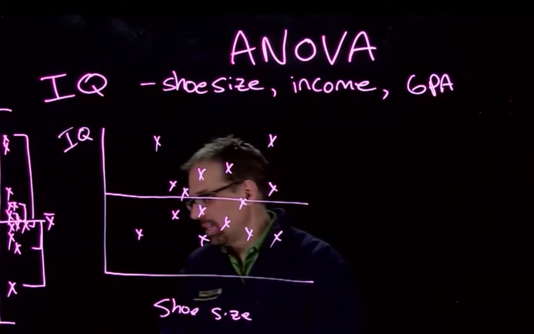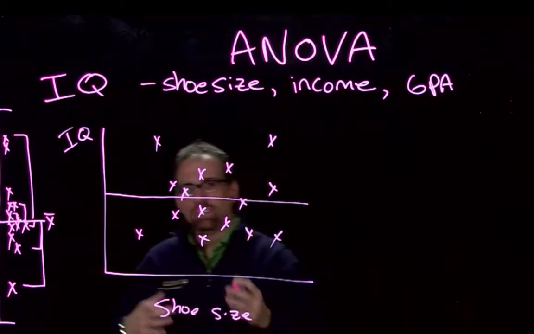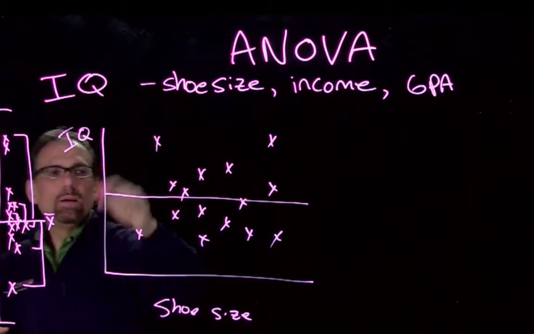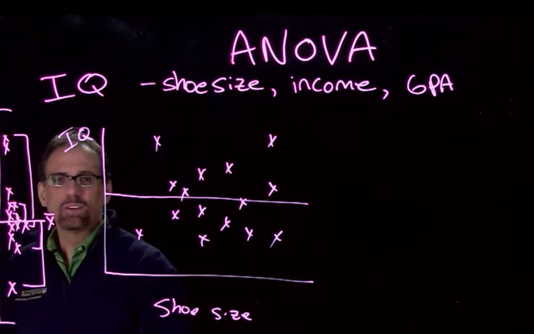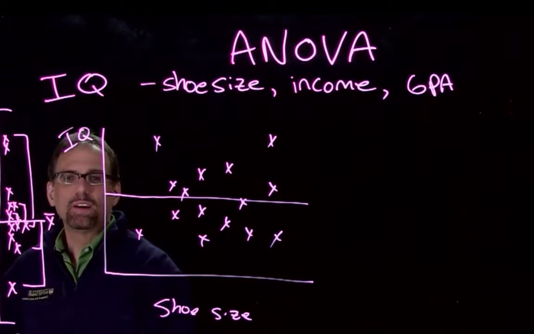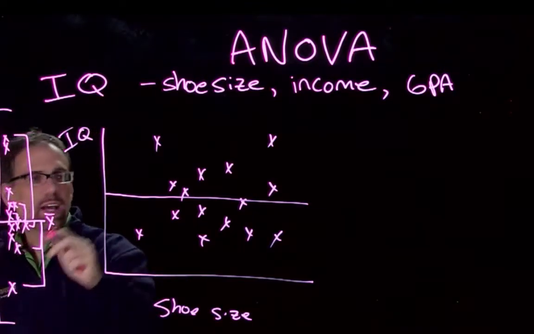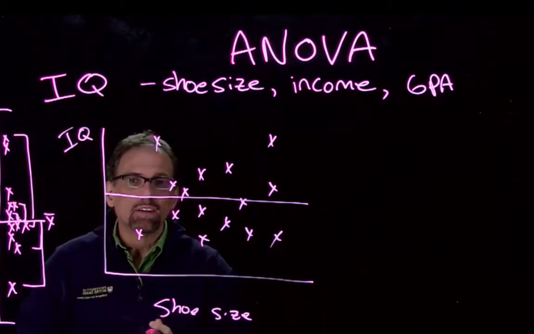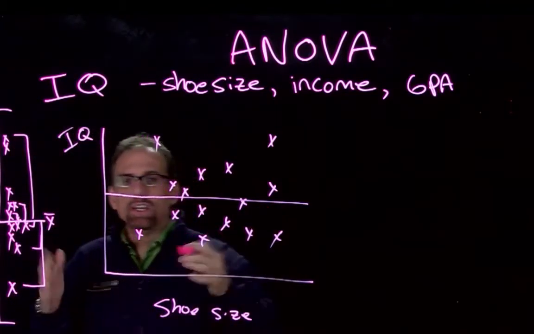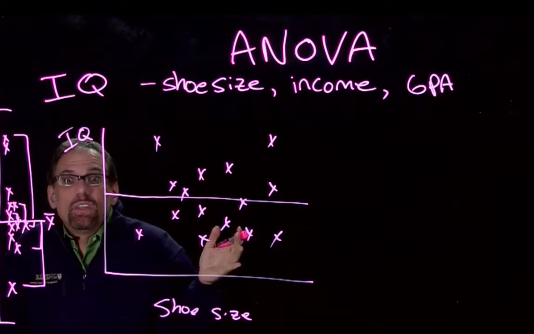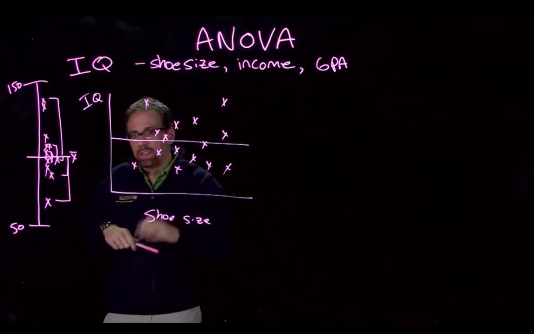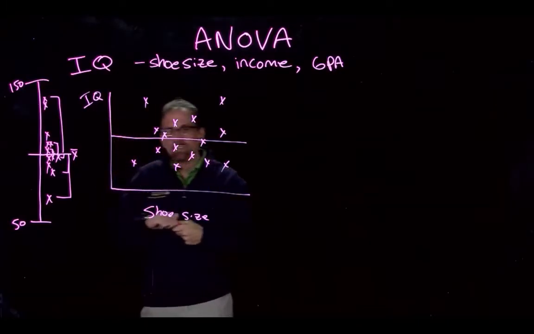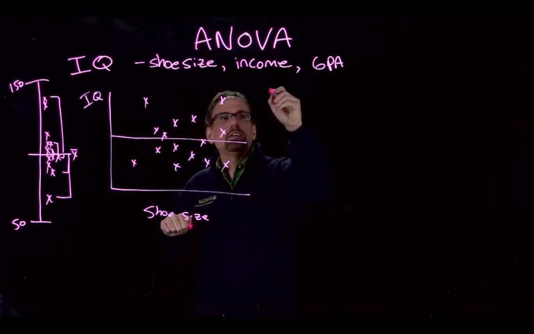So what's happening there is that shoe size is varying, but it's not varying in a way that's related to IQ at all. Okay, so IQ doesn't explain that variance. Once I put that IQ in there, it doesn't help me get rid of any of the variance. It's still all there. All right, so there's one where it's not related. The variability in shoe size is not related to the variability in IQ.